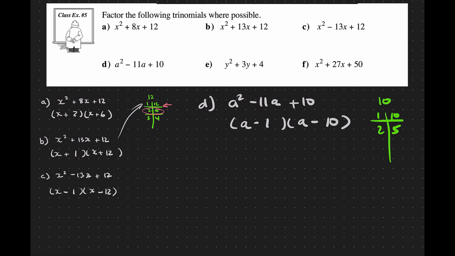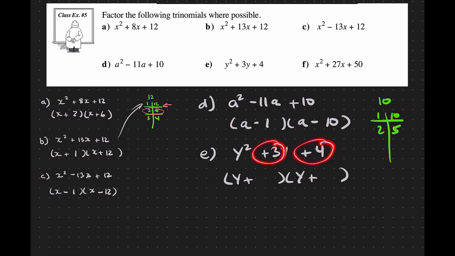Okay, letter E says we've got y squared plus 3y plus 4. Again, two binomials, y and y. They're both going to be the same and they're both going to be positive, so plus, plus. The product is going to be 4 and the sum is going to be 3.